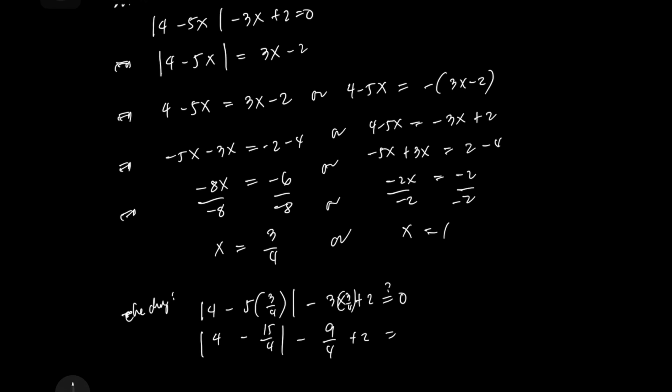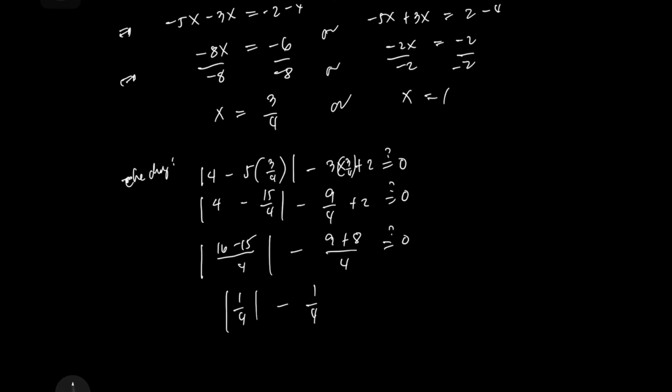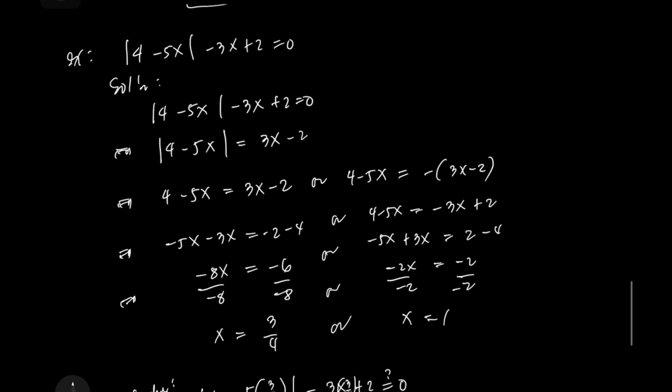Then that is 9 over 4 plus 2, is it equivalent to 0? Then we have the fraction for that. 4 times 4 is 16 minus 15 over 4 minus 9 plus 8 over 4, is it equivalent to 0? This is the absolute value of 1/4 minus 1/4 equals 0. So 1/4 minus 1/4 is 0. 0 equals 0. So therefore 3/4 is a solution.